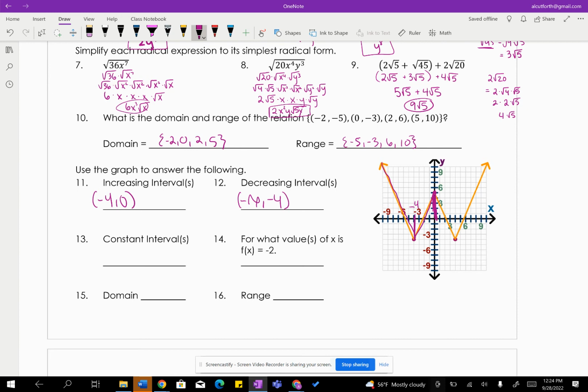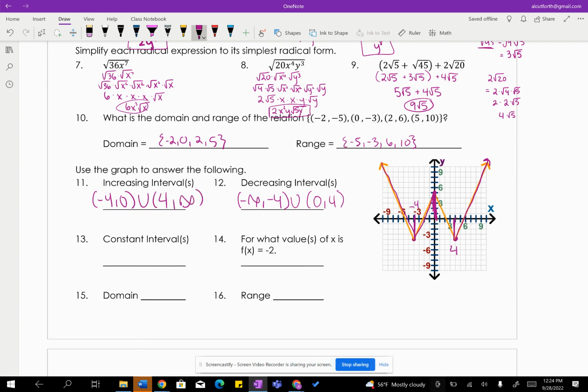Then it starts decreasing again at 0 until we get to the X value of 4. So it's going to be decreasing from 0 to 4. And we usually use a union there. And then it starts to increase again from 4 all the way forever to infinity.